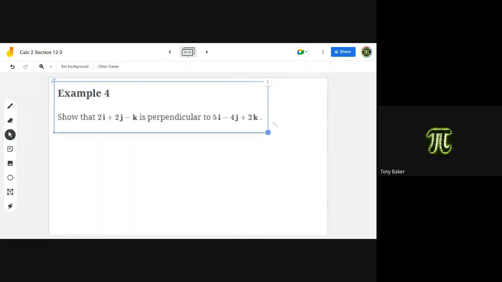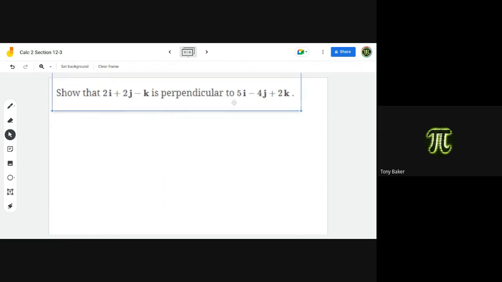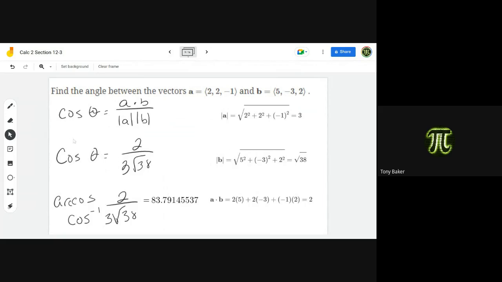So how would we tell if they were perpendicular? What should happen in this process if they're perpendicular? So theta would have to equal 90, right? Oh, sorry, let me rephrase this.